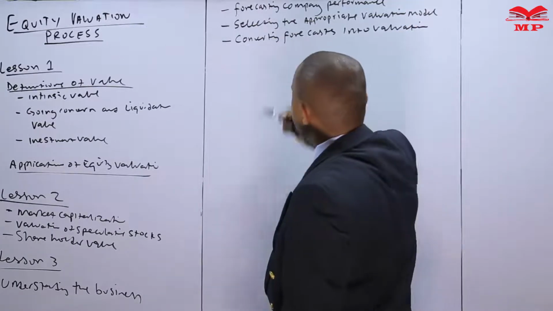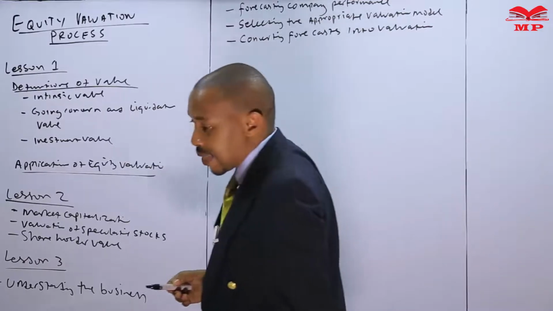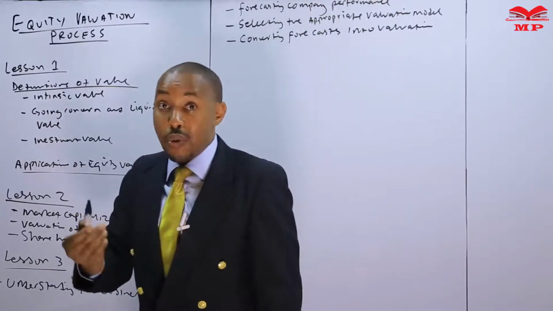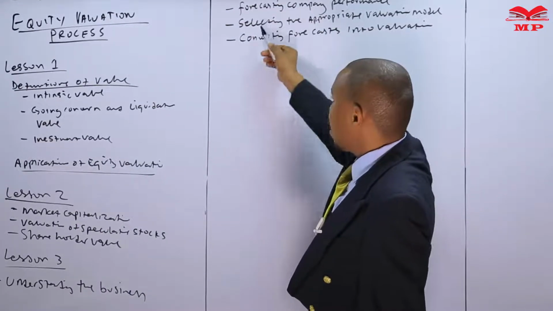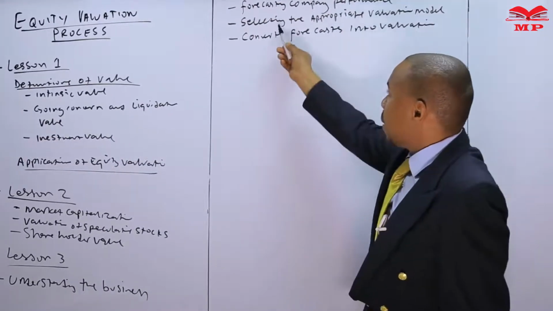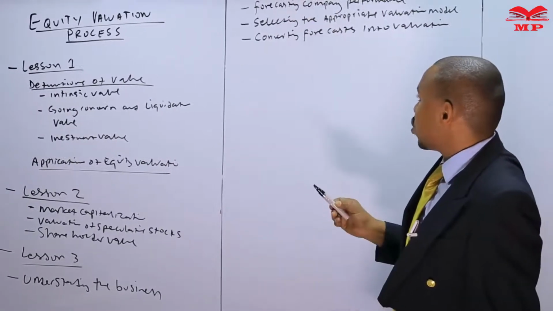And under the third step, what are we going to be looking at? We are going to be looking at the factors that need to be considered when selecting a model. So I'll place that subtopic under selecting the appropriate valuation model.